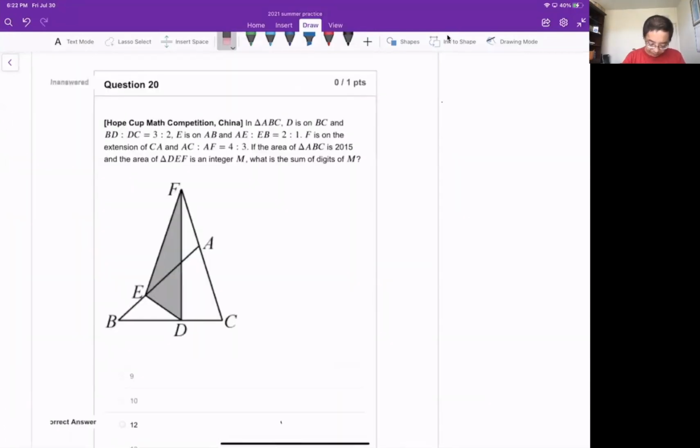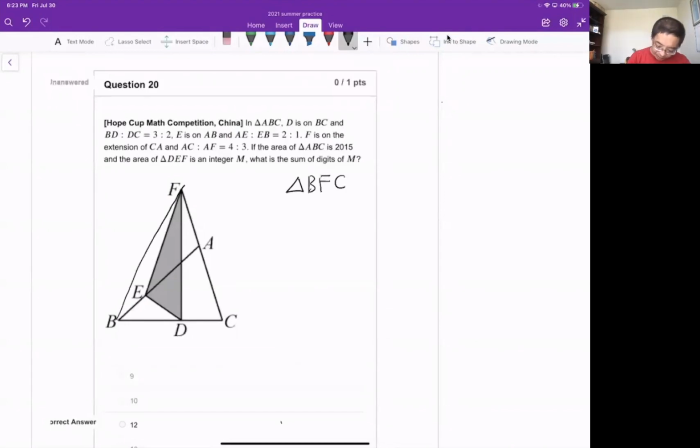Question number 20. Here we have a picture that has a bunch of triangles, and we also know the ratios between different line segments. What we need to find is the area of the shaded triangle FED. Let me connect BF, and then you see we have this bigger triangle BFC.